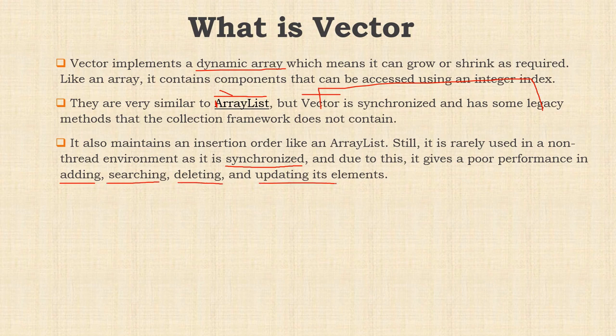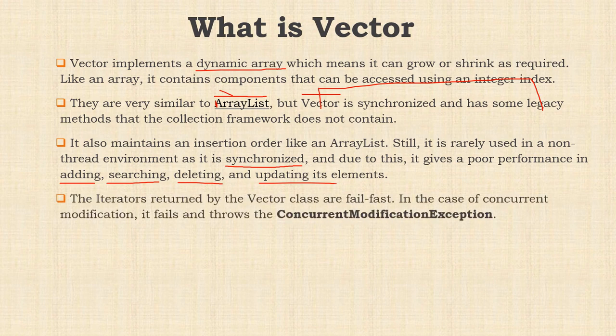The iterators returned by the vector class are fail-fast. So if you use this vector class with an iterator, it will be fail-fast.